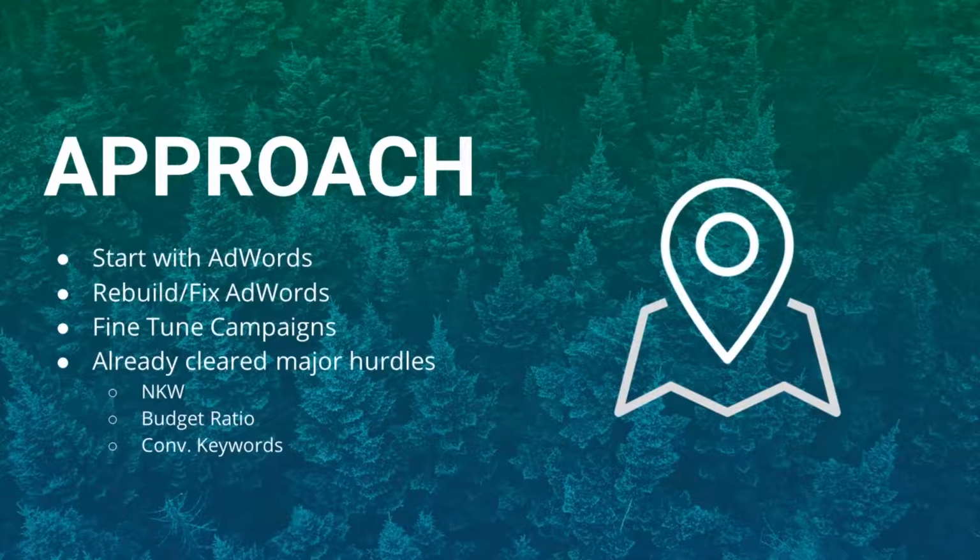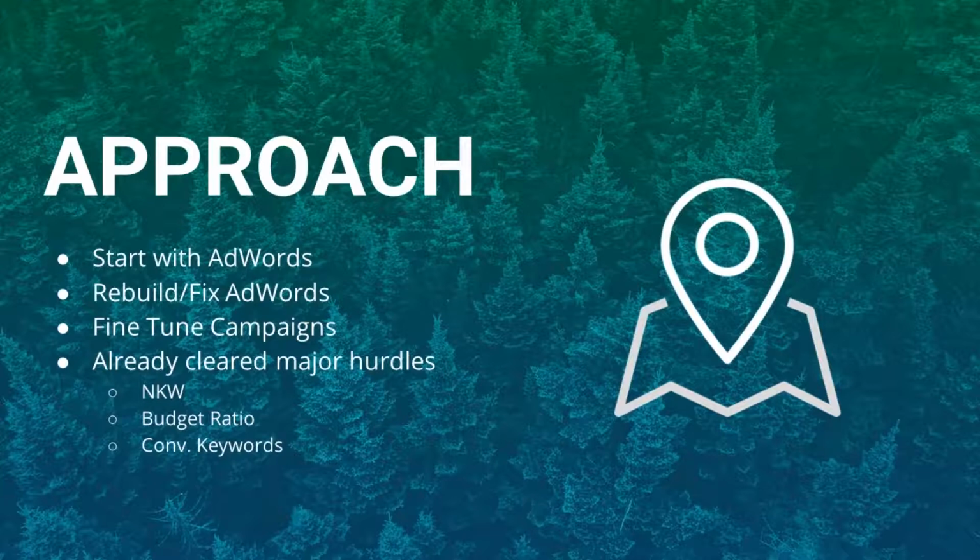Also, we probably would have already identified what is a solid budget ratio and figured out how much should go into campaign A and how much should go into campaign B. We've really ironed out a lot of the details as far as which search terms necessitate the most budget, where our dollars are most effectively spent. And perhaps the most valuable thing we have is we already have a set of keywords that are converting.